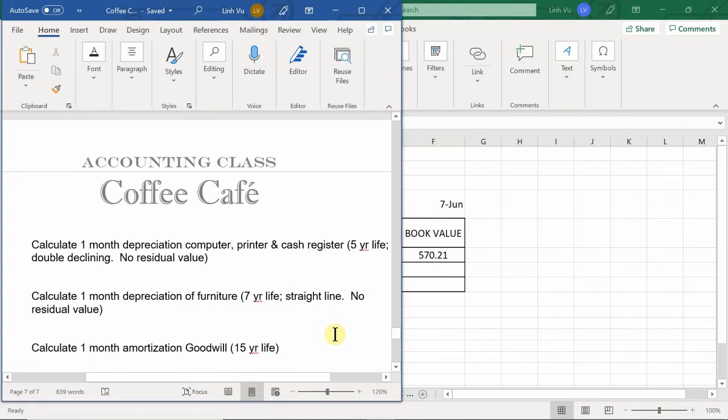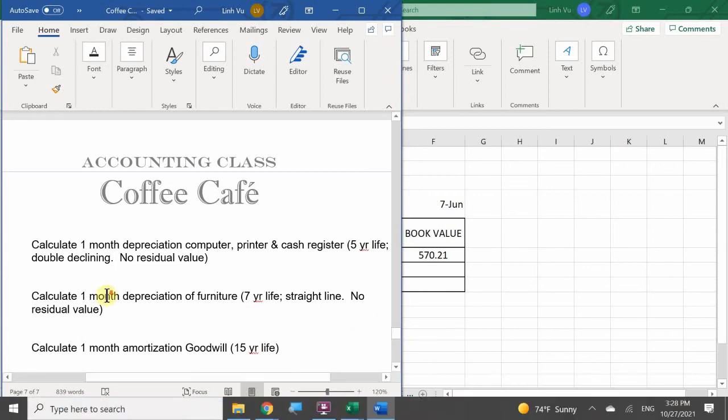Calculate one month amortization of goodwill, 15 years life. Since we're already in the depreciation tables, amortization is not too different from depreciation.